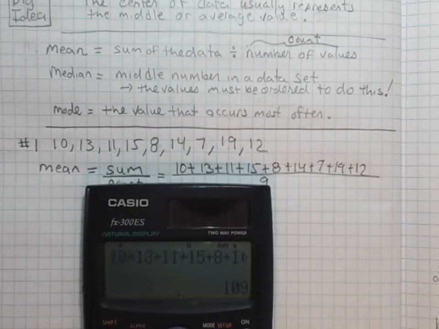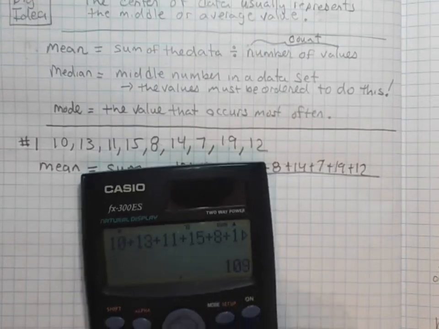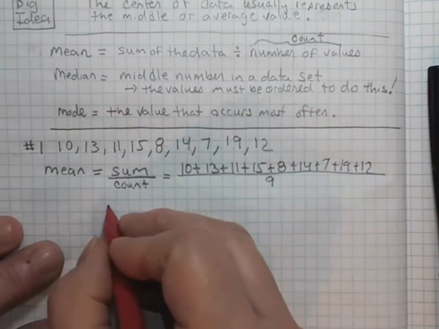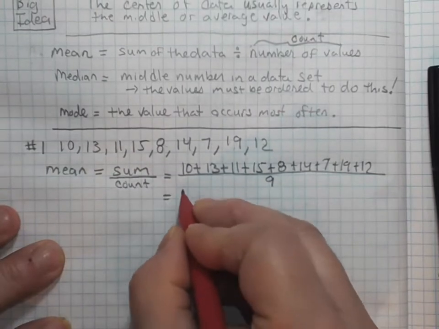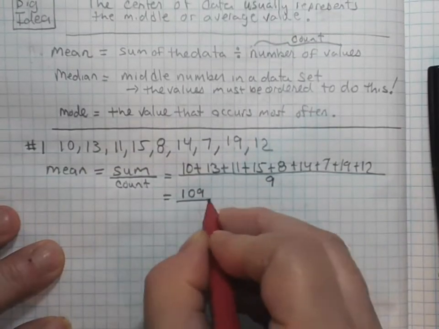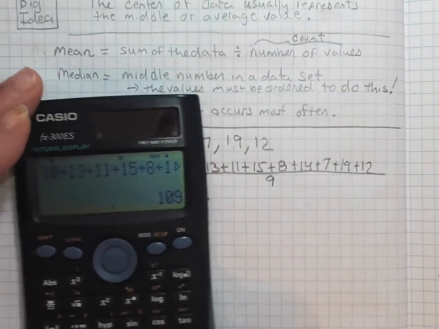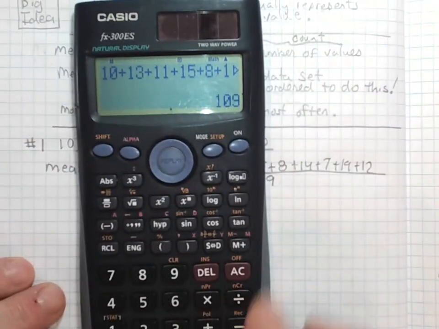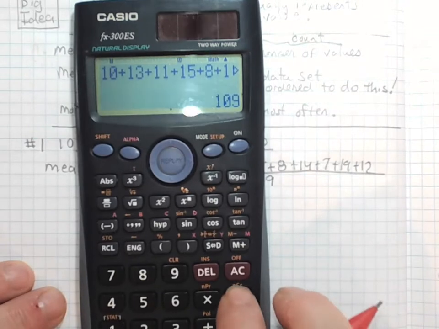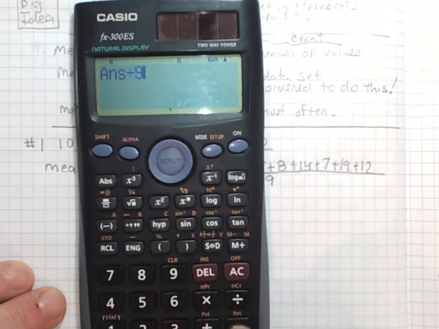Okay, so I've got all the digits on there, and I'm getting a total of 109. And I'm dividing by 9 numbers. So my calculator now that I've had equals, I hit divide by 9.